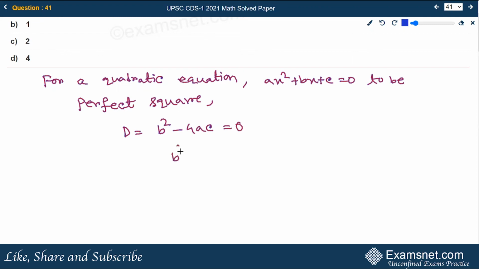That means b square equals 4ac. That is the condition to be a perfect square for a quadratic equation.